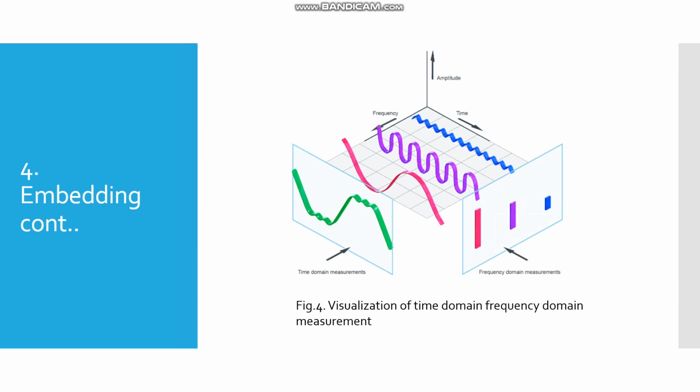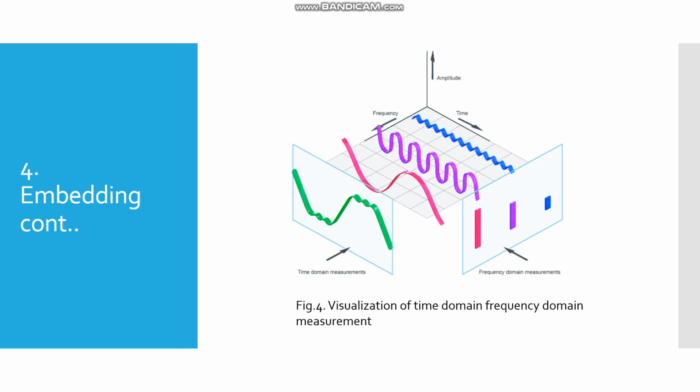So as you can see in this graph, this is the visualization of time domain and frequency domain measurement. The image is basically a 2D signal, and it can be visualized from two different domains. The first one is the time domain measurement, and the second one is the frequency domain measurement. With regard to the time domain measurement, we can see that the green wave is the addition of the three frequency waves, which can be visualized as a single one.